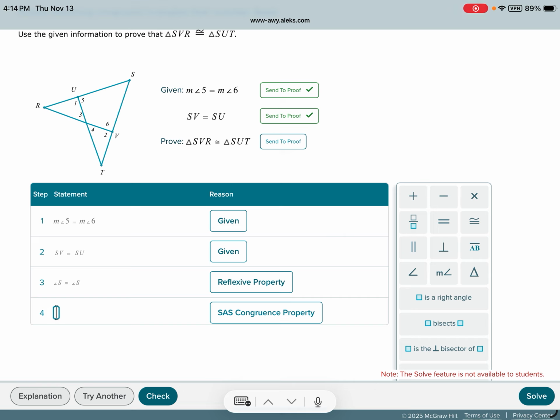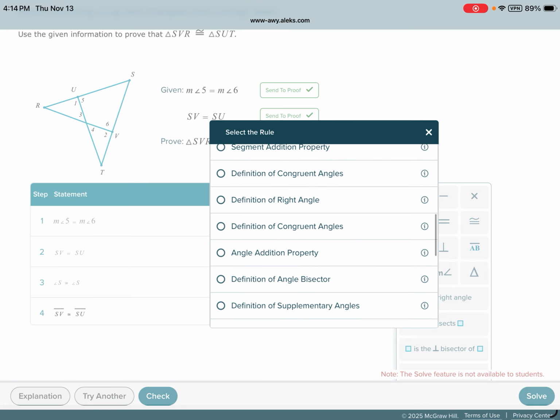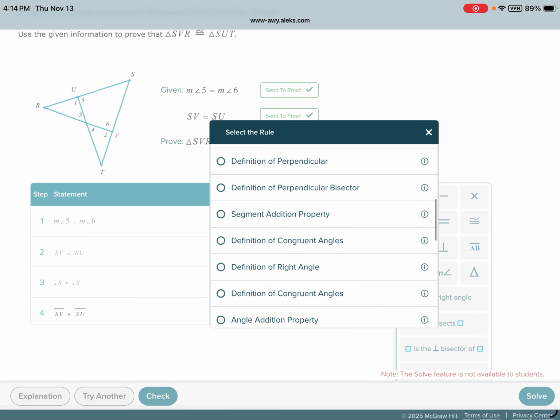They're going to make me write it out as SV is congruent to SU by the definition of congruence.